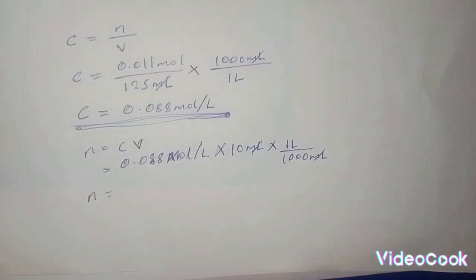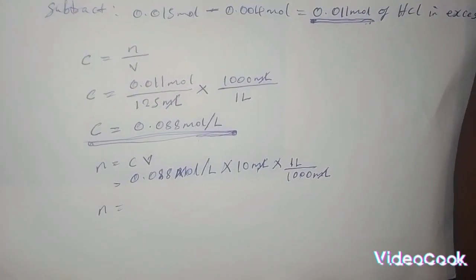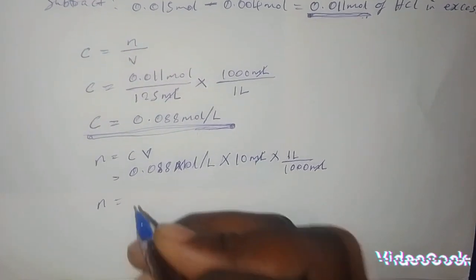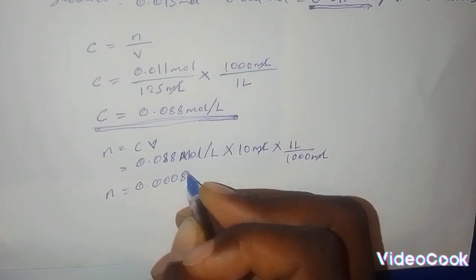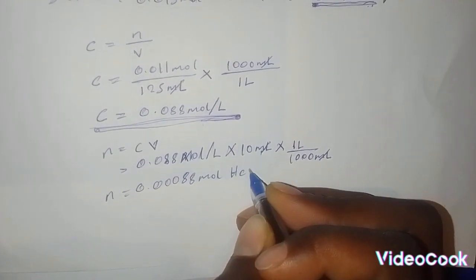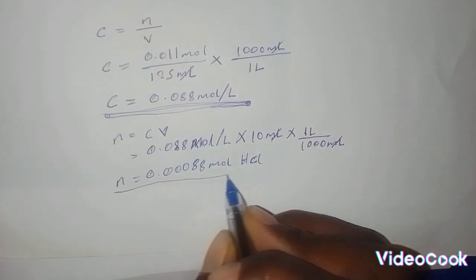We will remain with our number of moles, which is, let me calculate, 0.00088 moles of what? Hydrochloric what?